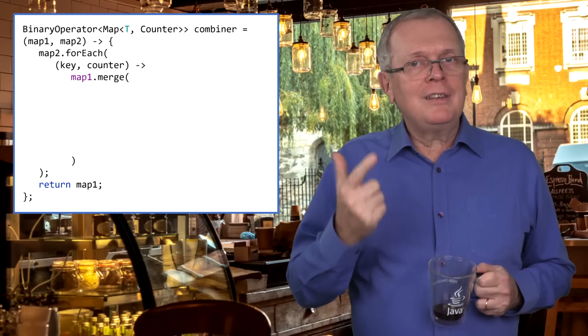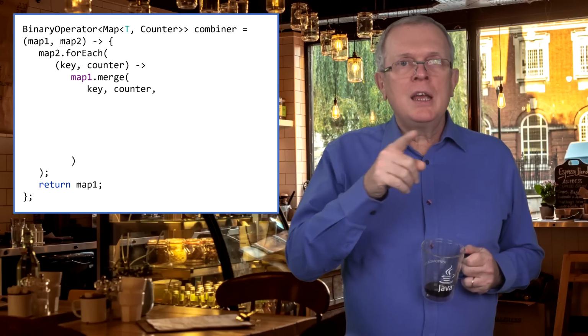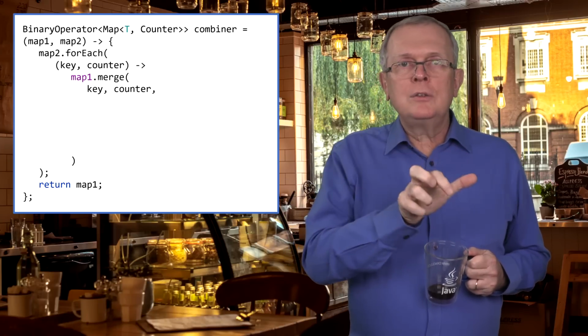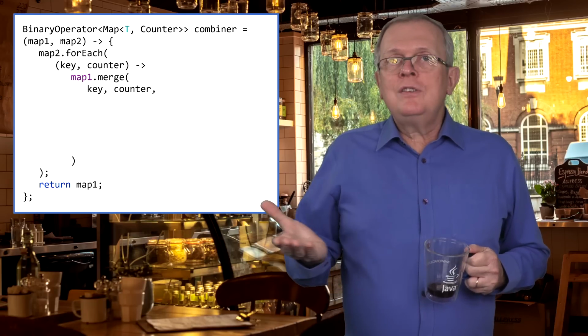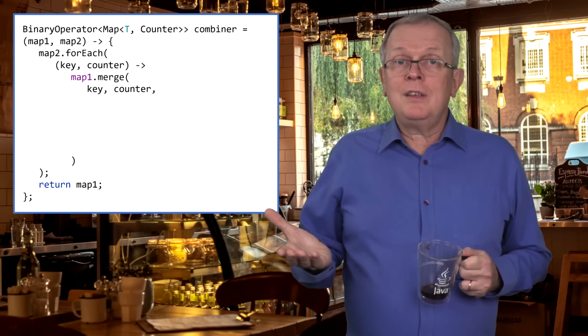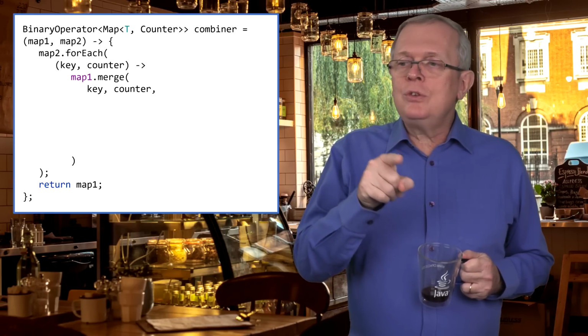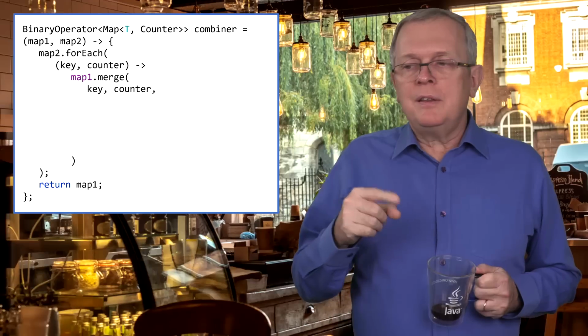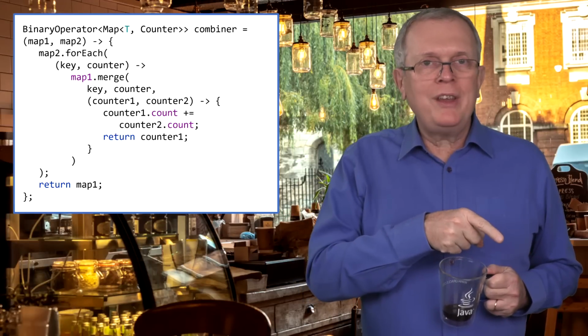This merge method takes three parameters. The first two are simply the key and the value that you want to add to map1. It's the key and your Counter instance. If the key is not in the map, then this key value pair is simply added to map1. And if it is, then you need to use the third argument. This third argument is only used if the key is already in the map.